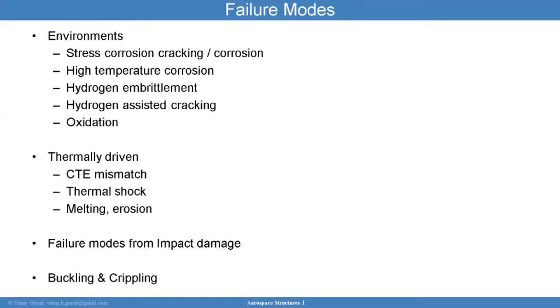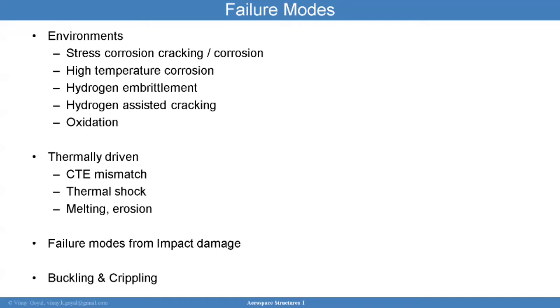Environmental conditions such as stress corrosion cracking, corrosion, high temperature corrosion, hydrogen embrittlement, hydrogen-assisted cracking, and oxidation. These failure modes are caused by exposure to environments, and they can be causing hidden failures that you may not be aware of.